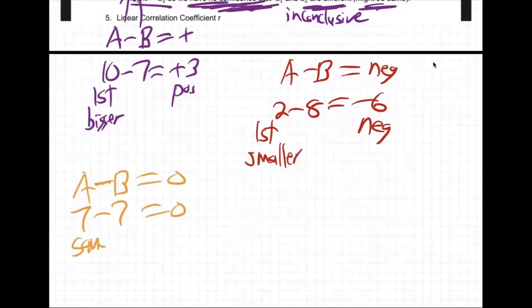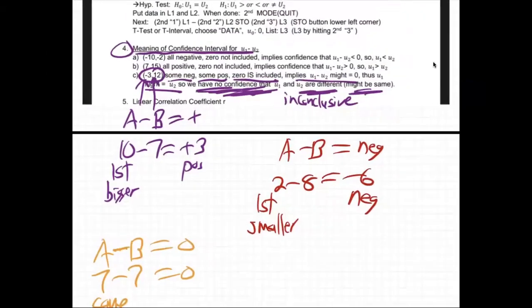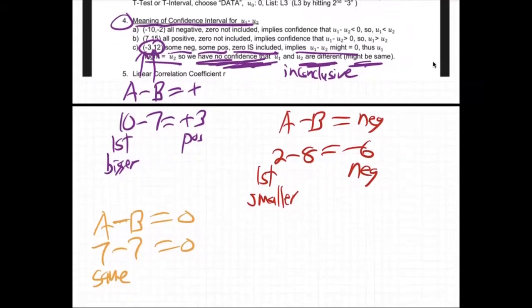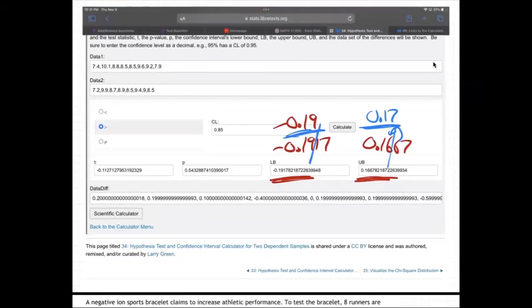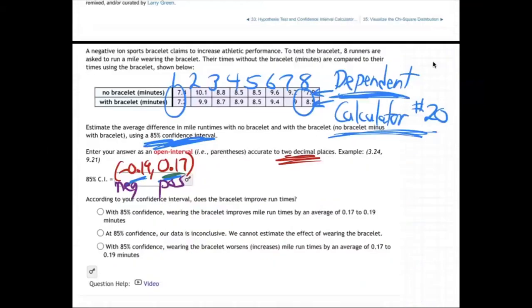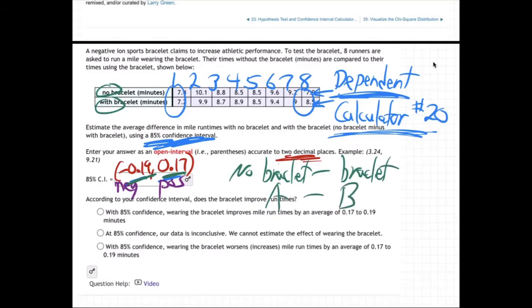They're the same. So my point in our situation is we got an answer that was somewhere between negative and positive. What was our answer? It was negative 0.19 to positive 0.17. So we're saying the A minus the B, meaning the no bracelet group minus the bracelet group. That difference came out somewhere between negative 0.19 and positive 0.17.